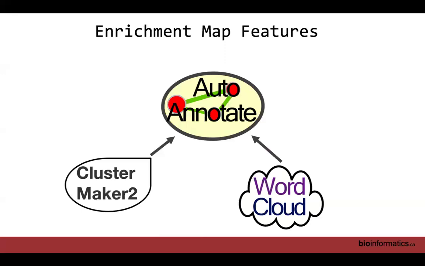Now, it's all done automatically, and I need to remark that it's not set in stone. If you don't like an annotation associated with your cluster, you don't have to keep it. You are the expert on the biology, and it's literally doing this automatically, meaning it's counting the words in the network and normalizing the number of words it has in your cluster to try and guess the best annotation.